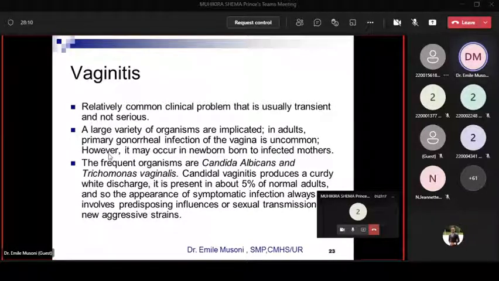Candida vaginitis presents with a white discharge. Wherever you see the white discharge, make sure that you are dealing with Candida vaginitis. This one is common.